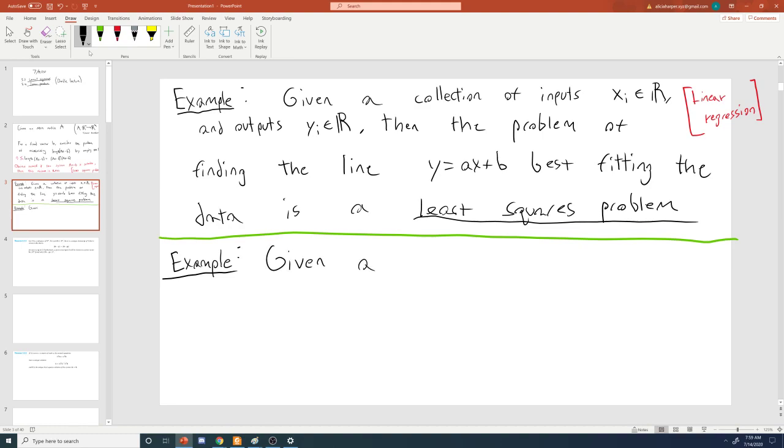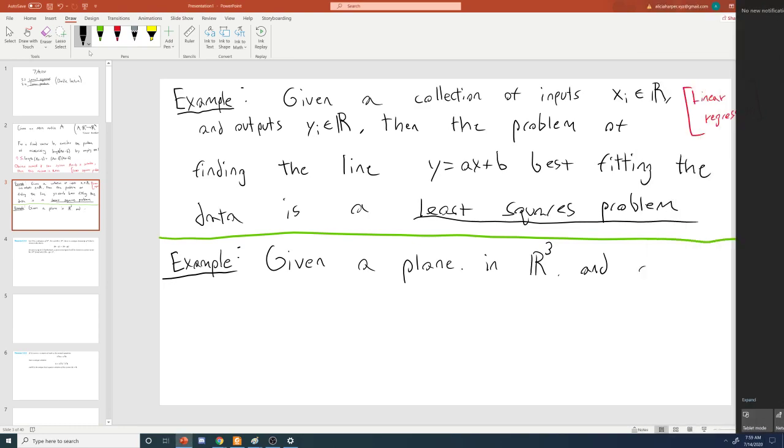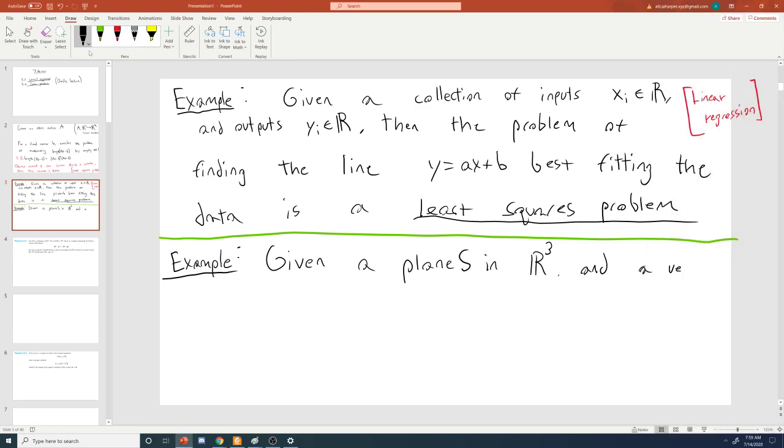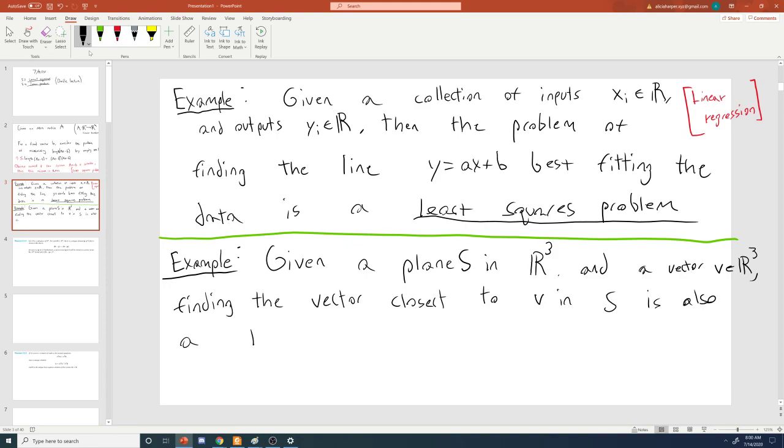Given a plane in R3, which I'll call S, and a vector v in R3, finding the vector in S closest to v is also a least squares problem.